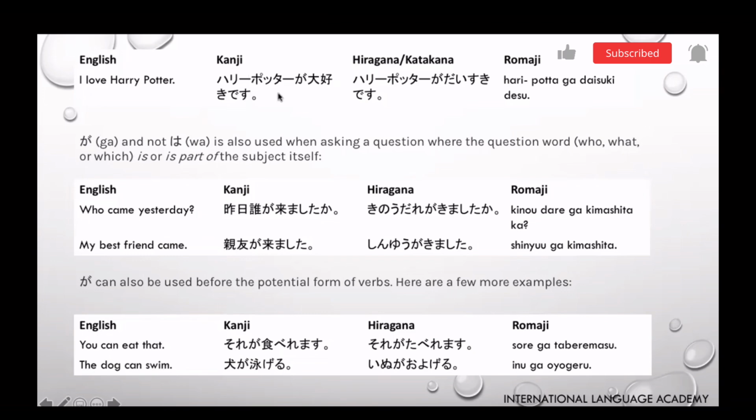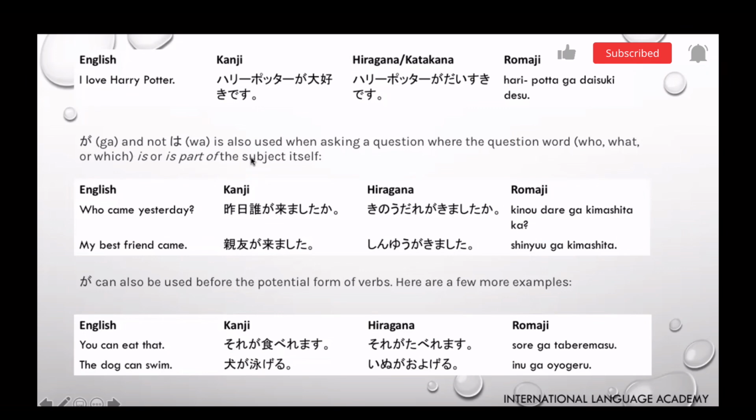Harry Potter が好きです。ハリーポッターが好きです。で、こうやって書くことができますね。日本語で、ひらがなやカタカナ、全部入りますので。もうちょっとちゃんと勉強していけば、いろんな例が書いてますので、一個ずつ勉強していきましょう。で、もう一回、英語で説明します。In the ga particle, ga and not wa is also used when asking a question where the question word who, what, or which is part of the subject itself.